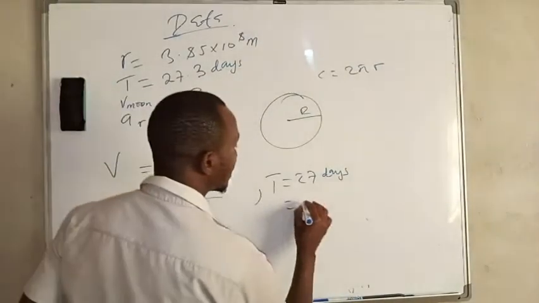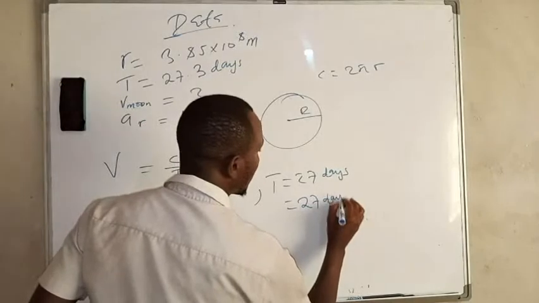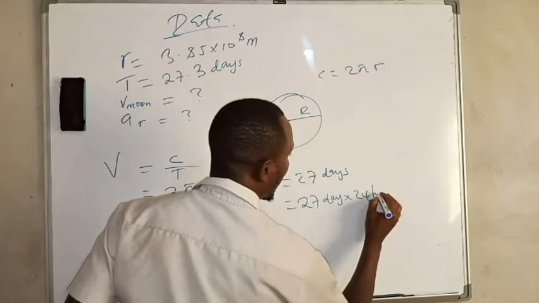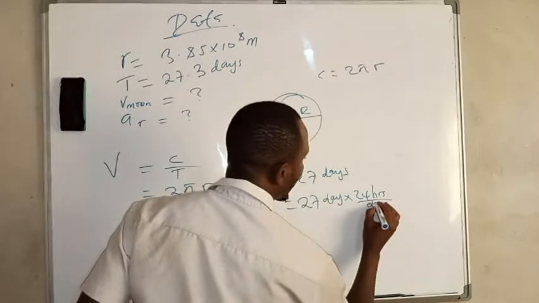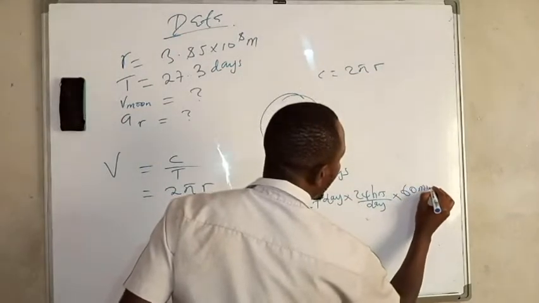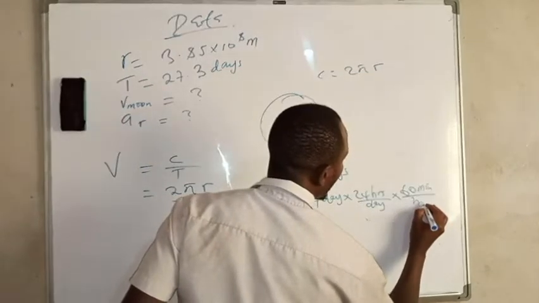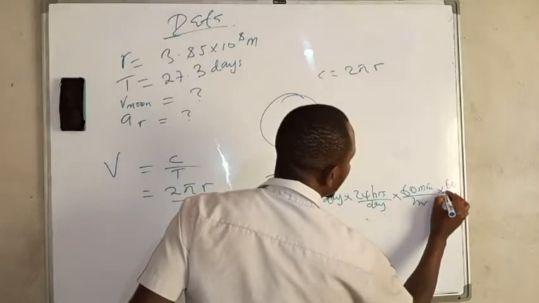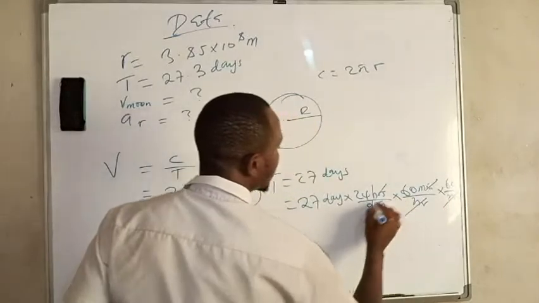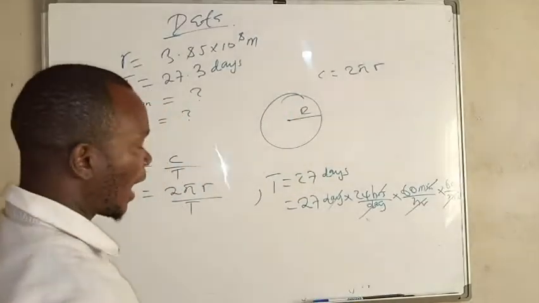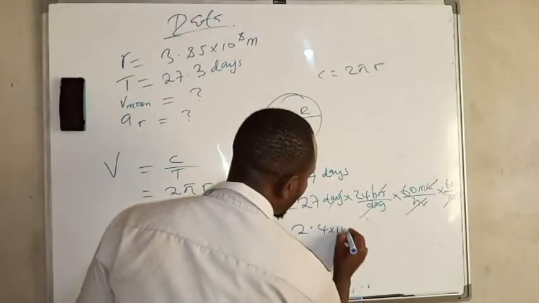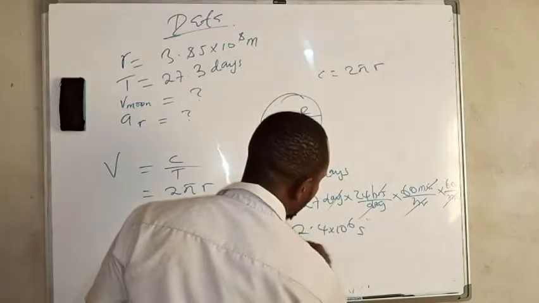So 27 days times 24 hours per day times 60 minutes per hour times 60 seconds per minute. The units cancel, and what we're going to have is 2.4 times 10 to the power 6 seconds.